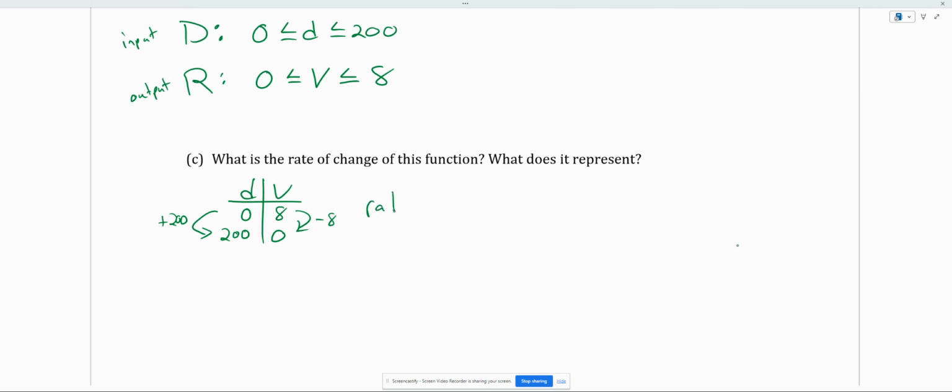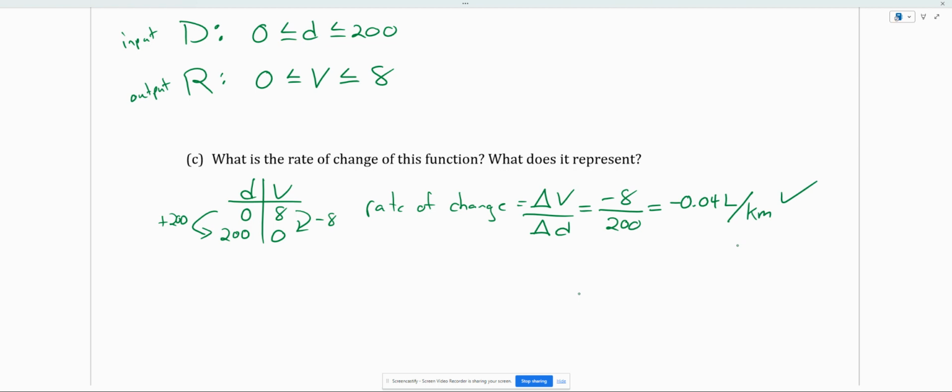So our rate of change is equal to the change in volume divided by the change in distance, which is equal to negative 8 over 200, which, once you divide that, you get negative 0.04 liters per kilometer. And that's it. So the scooter uses 0.04 liters, or 40 milliliters if we converted, per kilometer driven.